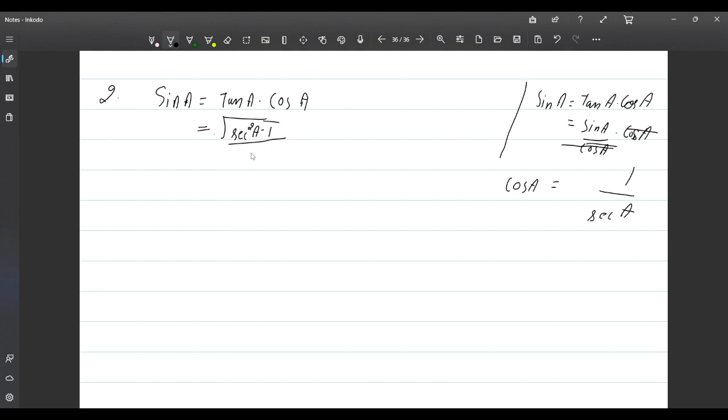Upon cos A is equal to 1 upon sec A. So that is equal to sec A.